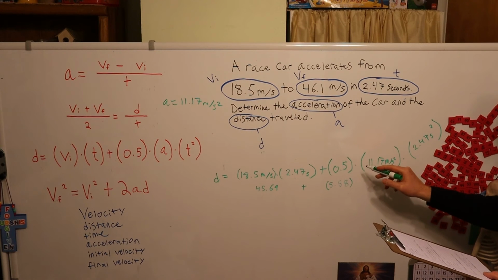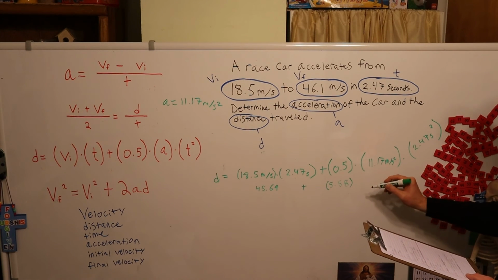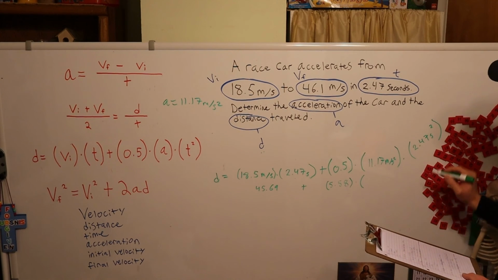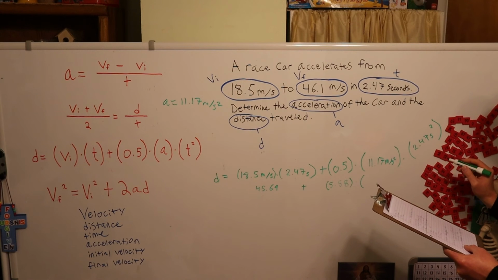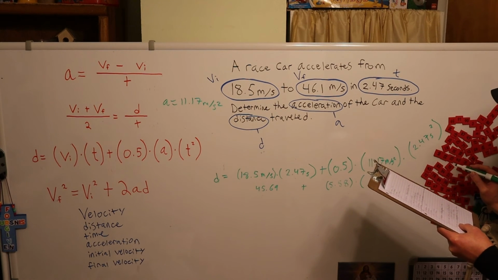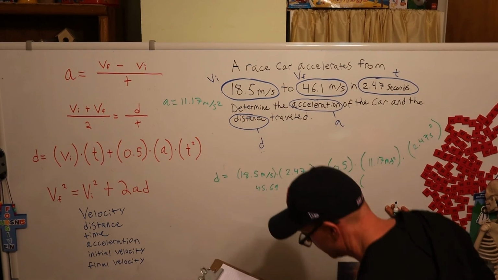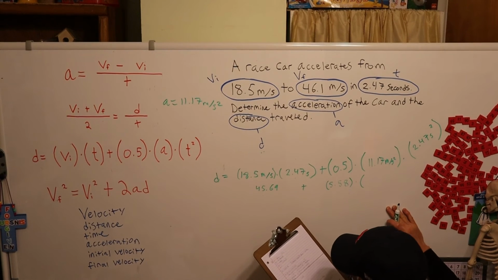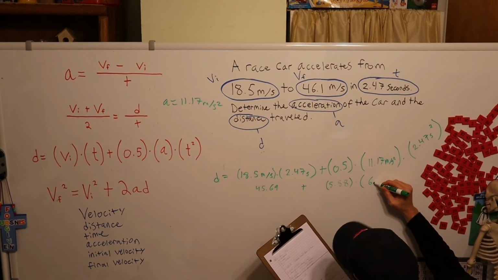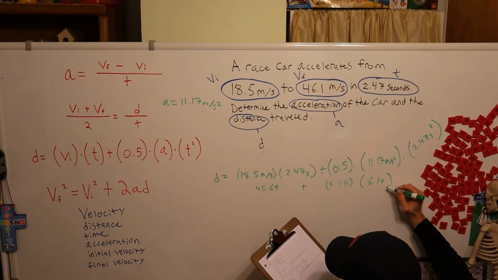So 0.5 multiplied by 11.17 is 5.58, and I'm going to multiply that by my time squared, and 2.47 seconds squared is going to be 6.10. Okay.